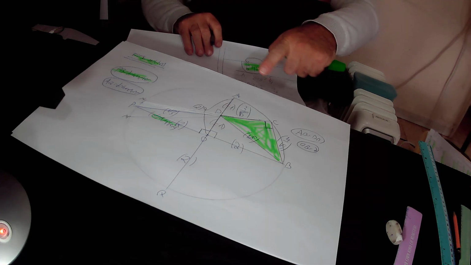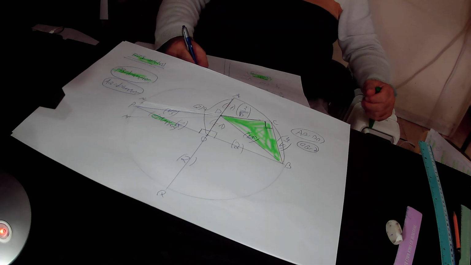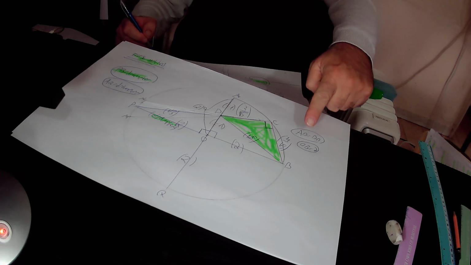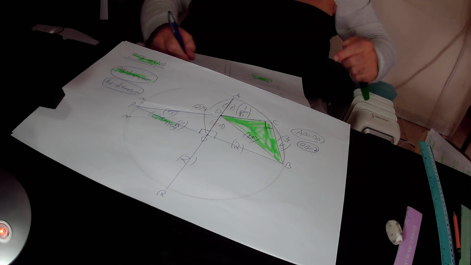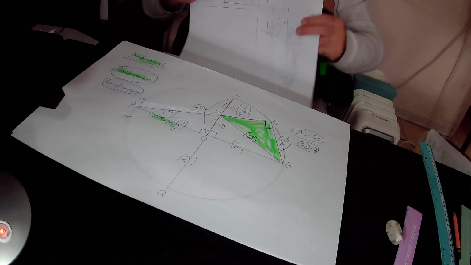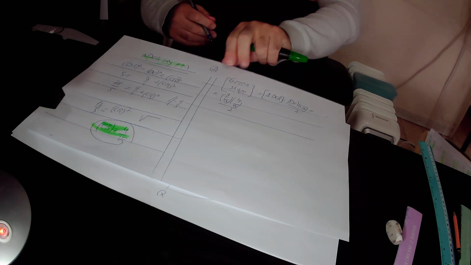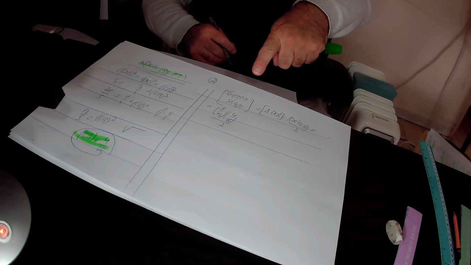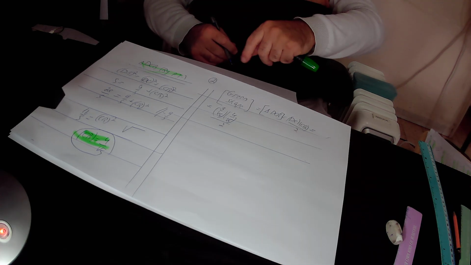The base DC equals 3 over square root of 5 units, times the height CB, which equals 4 over square root of 5 units, divided by 2. So in total, the area of the green shape equals 3 over square root of 5 times 4 over square root of 5 divided by 2.